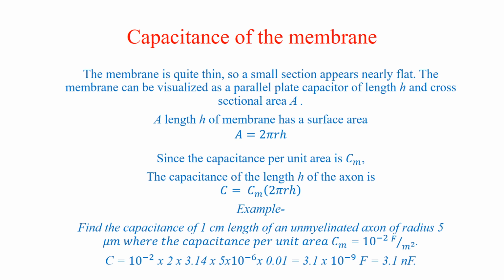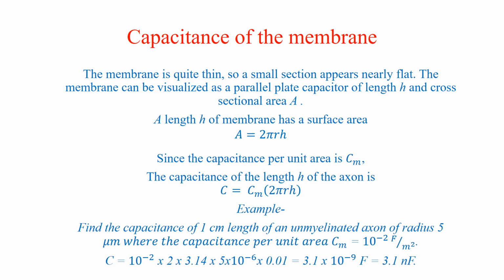So the membrane can be visualized as a parallel plate capacitor of length h and cross-sectional area A. A length h of the membrane has a surface area, because it is cylindrical, A equals 2 pi r h, where r is the radius of the axon and h is the length of the axon. And since the capacitance per unit area of the membrane is Cm, the capacitance of length h of the axon C equals Cm times 2 pi r h.